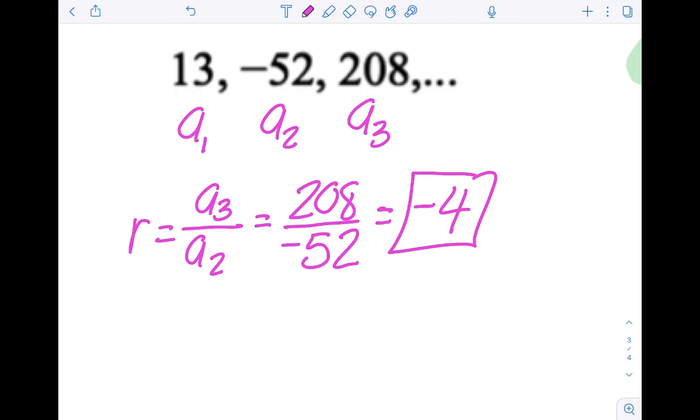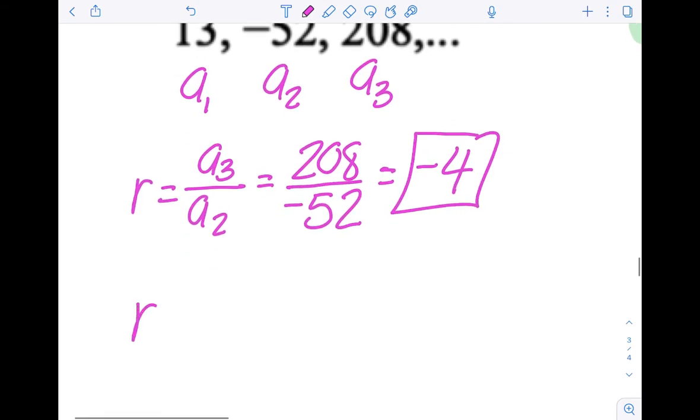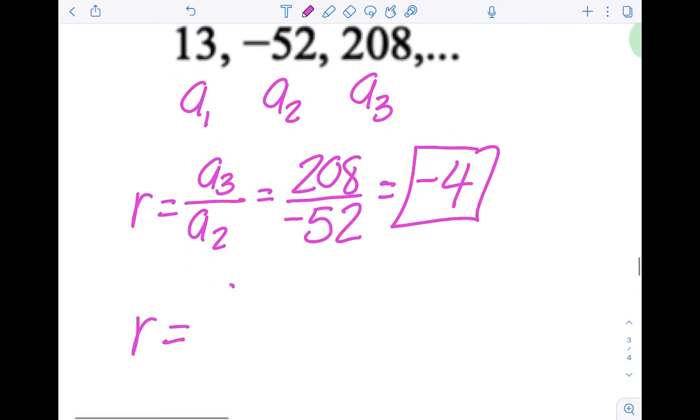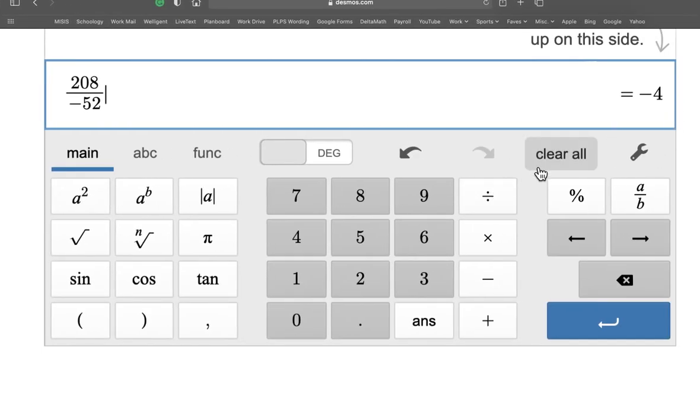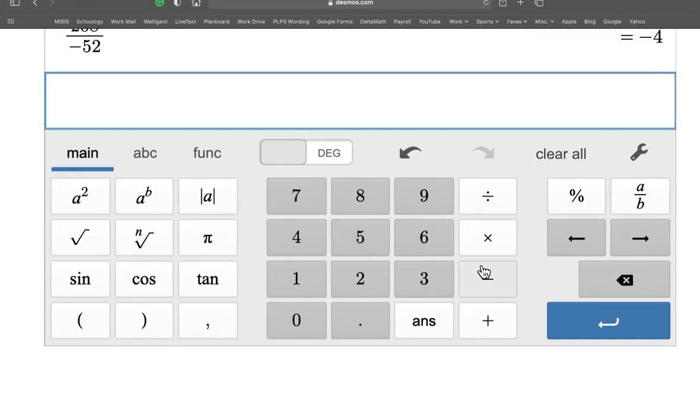All right. Let me do the other ratio just to be sure. This time I'm going to do the second term divided by the first term. So the second term is negative 52. The first term is 13. So negative 52 divided by 13.